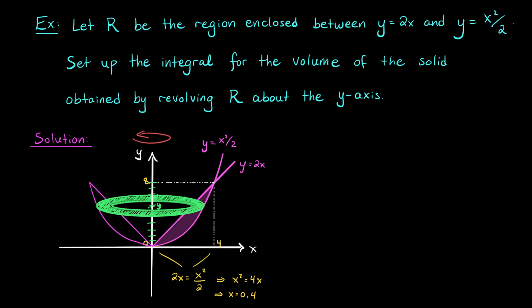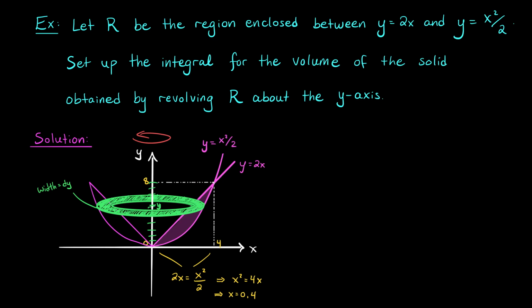Now, folks, the big difference between this example and those that we've seen previously is that here, since we're rotating about a vertical axis, the thickness of each of these washers is this tiny little change in y, dy, right? It's not dx like it was when we rotated around, say, the x-axis or another horizontal axis. Therefore, our integral is going to have a dy in it.